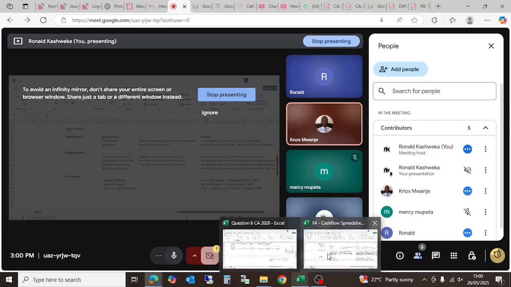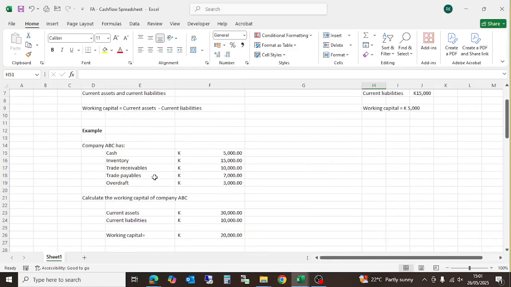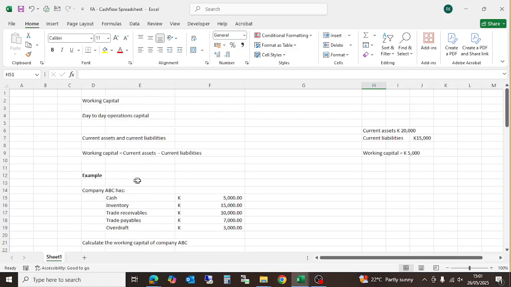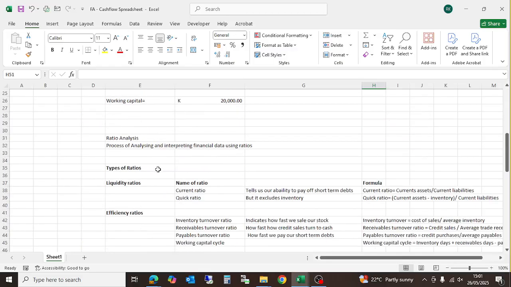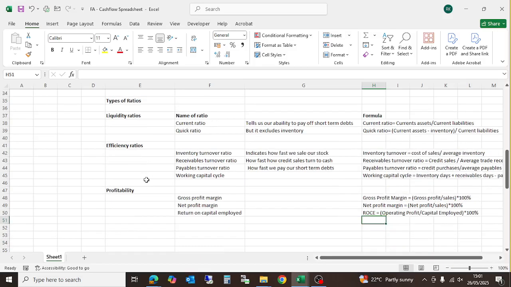Okay, so we are actually looking at ratios. We've looked at liquidity ratios. We started from working capital, the formula of working capital, and we even solved an example. And then after we finished, we went to ratios and we looked at liquidity ratios, efficiency ratios, and also profitability ratios. These are the main ones that we have looked at.